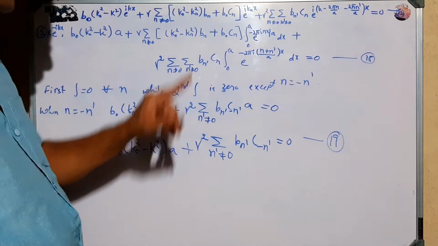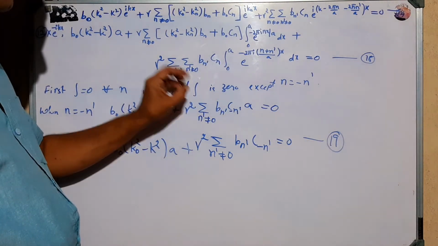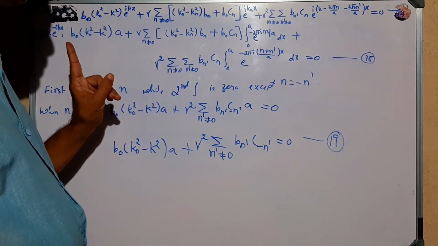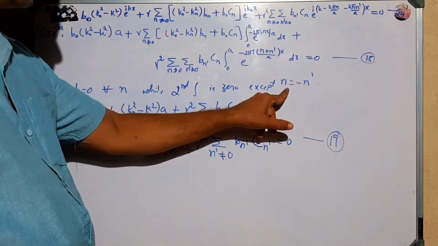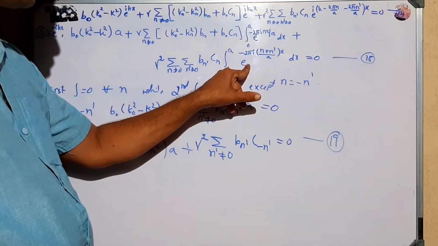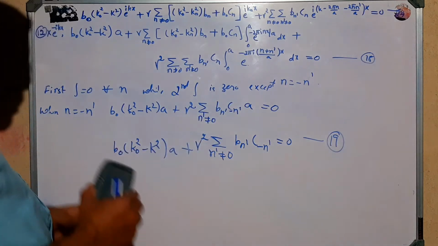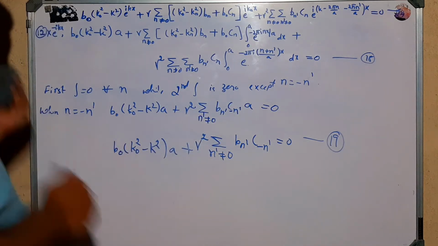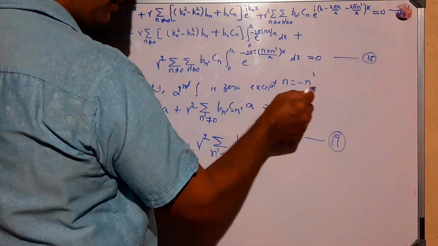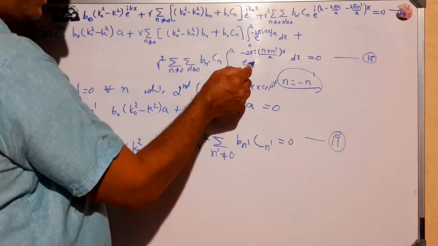That means the second integral also reduces to 0 except for one value. That is, when n is equal to minus n dash, this term becomes e to the power 0, that is 1.